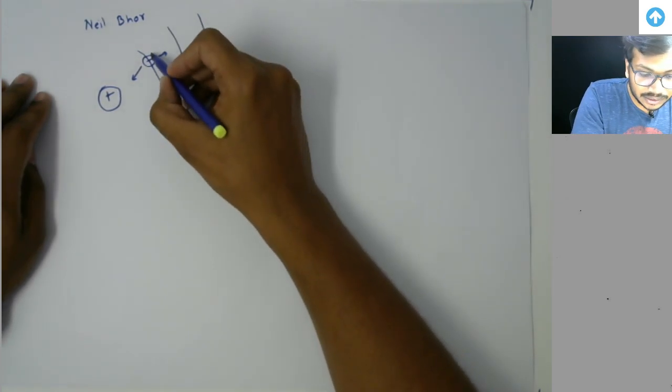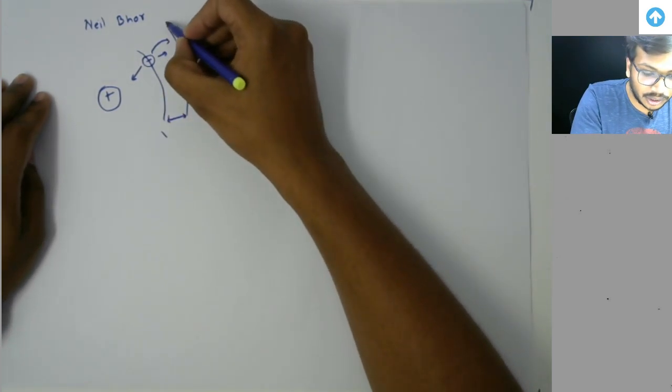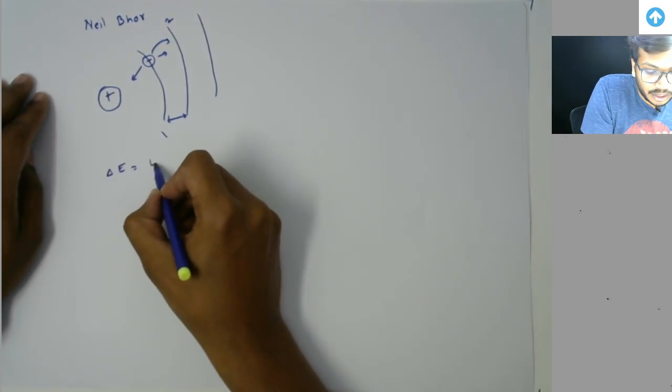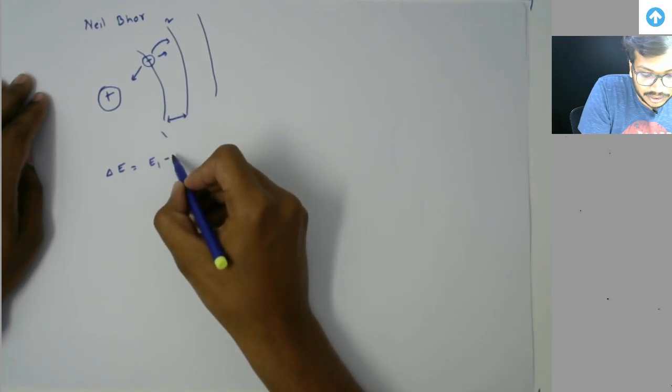So let's say that this electron wanted to go to a higher level, let's call it 2. It will have to be given energy that is equal to energy of the first shell minus energy of the second shell.